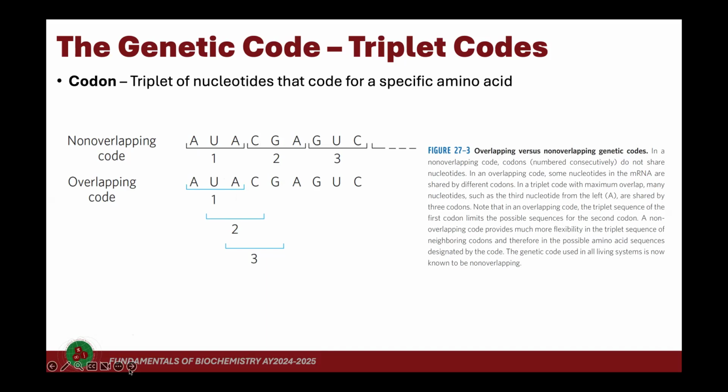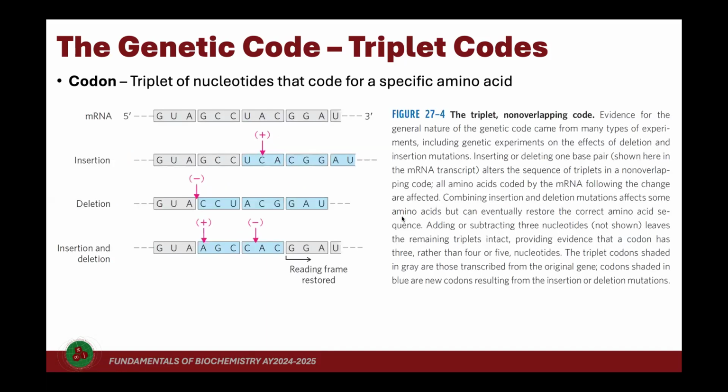So the series of experiments that they performed to discover the genetic code also established that this code is a non overlapping one. Okay. We will not be discussing the specific experiments, but we will just have a general overview.